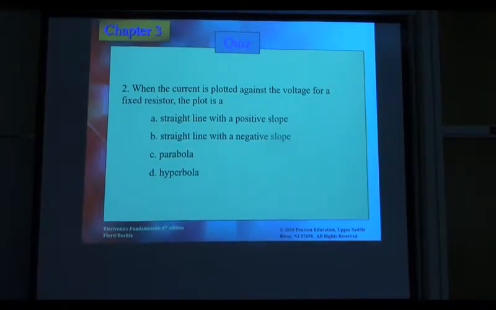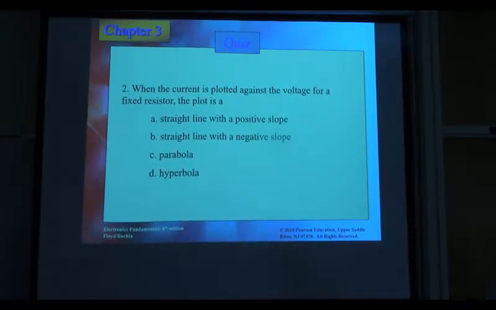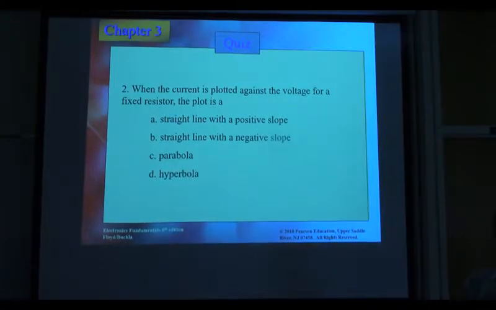Next one. When the current is plotted against the voltage for a fixed resistance, a plot. So the vertical axis is current. The horizontal axis is voltage. And the resistance is fixed, is constant.